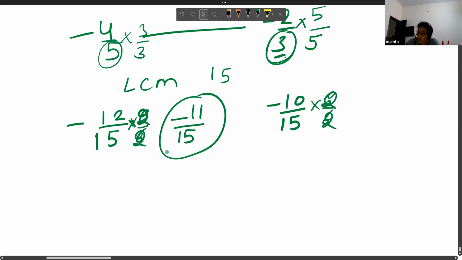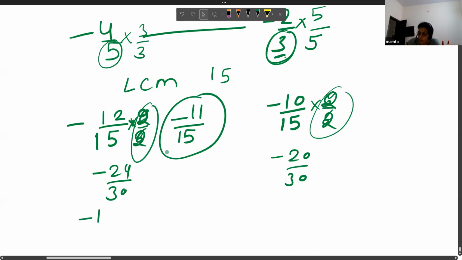So minus 24 divided by 30, and this is minus 20 divided by 30. Between minus 24 and minus 20, how many numbers will exist? Only 3. So 2 will not work. Now we need to multiply with a bigger number.